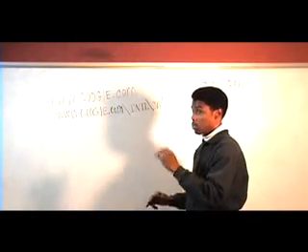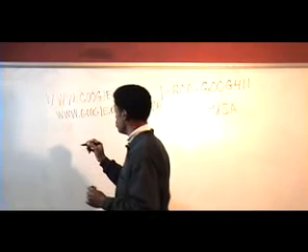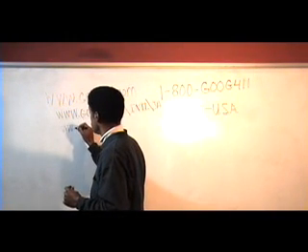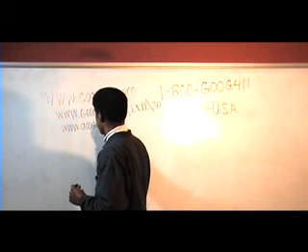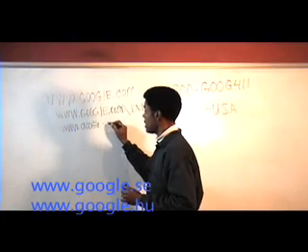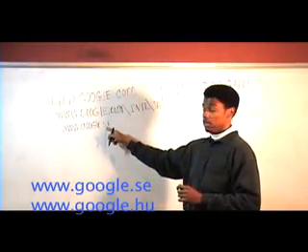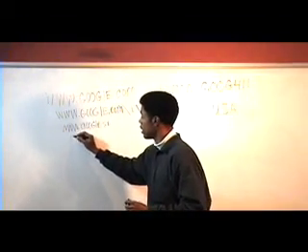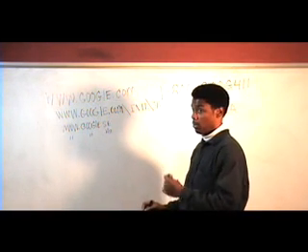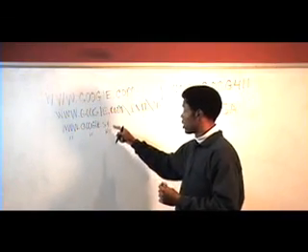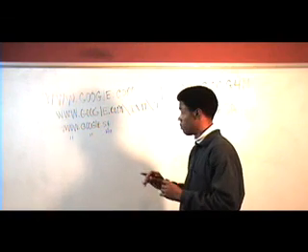Now the next one that a lot of people are not familiar with is this one. You can use www.google.se, SE here is for Sweden, or you can use that same thing, .hu for Hungary, or any other country that you want to get directly to search through.